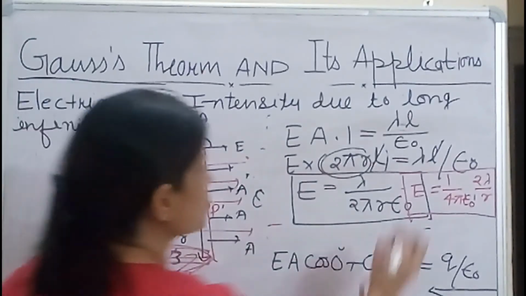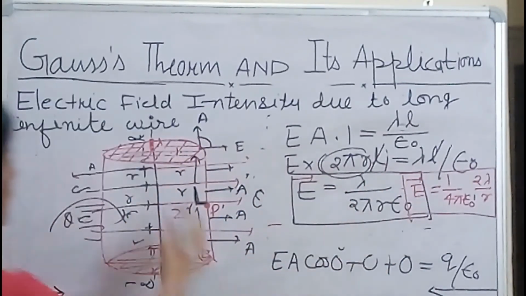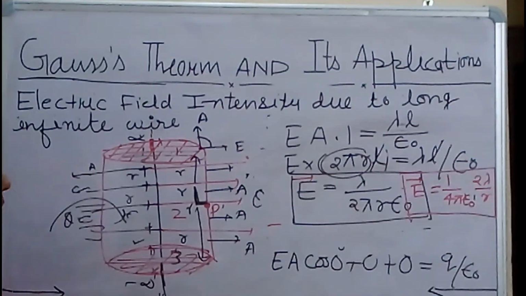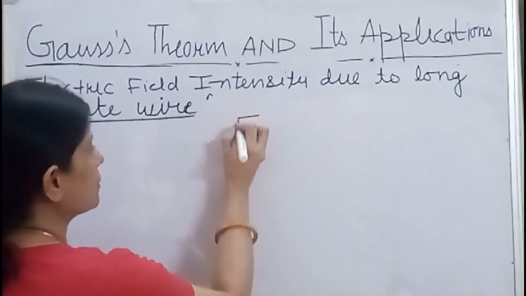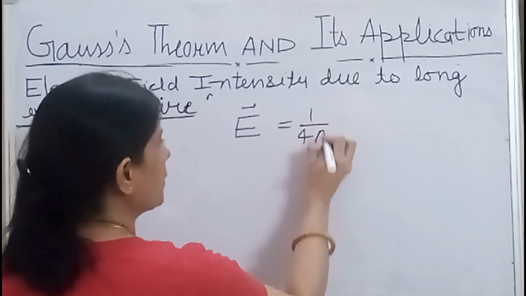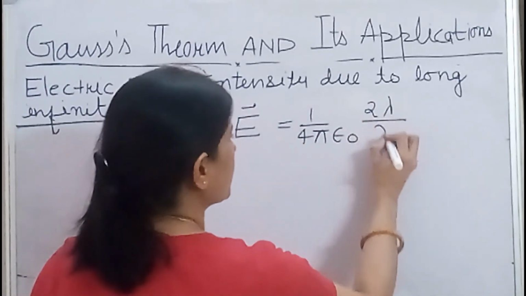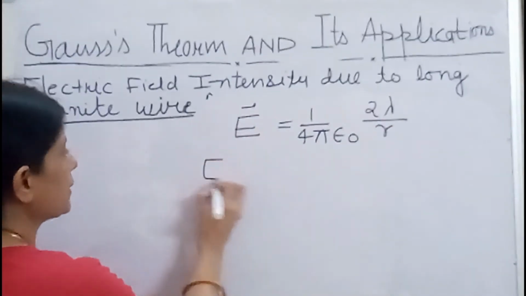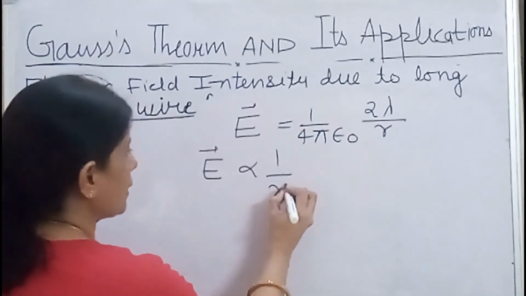In this way we can find the value of electric field intensity due to an infinitely long wire at a point P. So the electric field intensity due to a long electric wire is 1 upon 4 pi epsilon naught times 2 lambda upon r. It means E is inversely proportional to r.